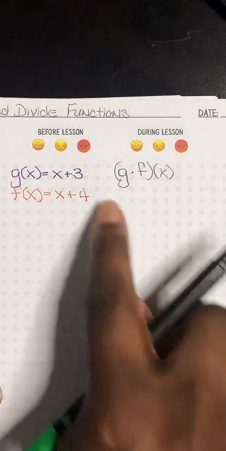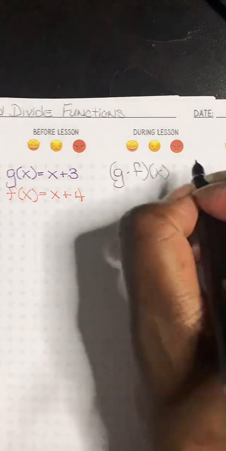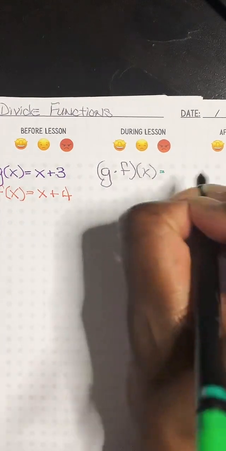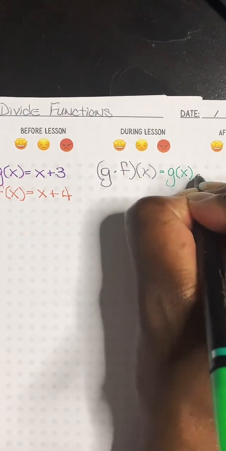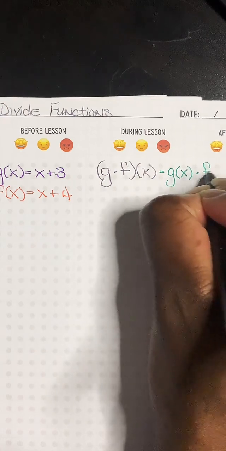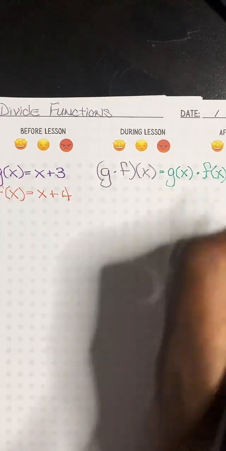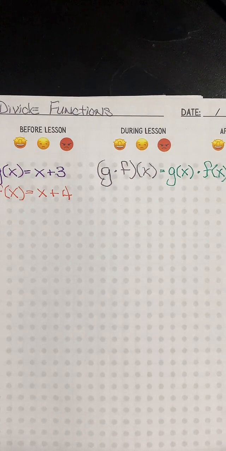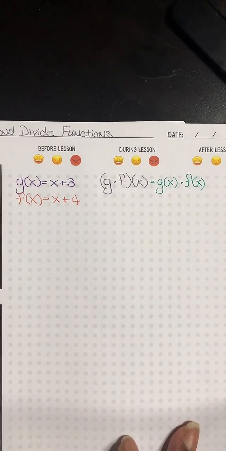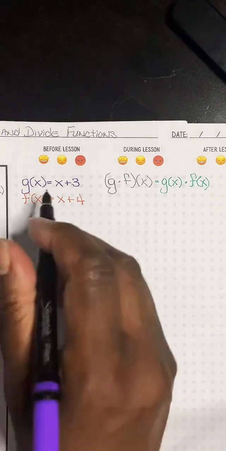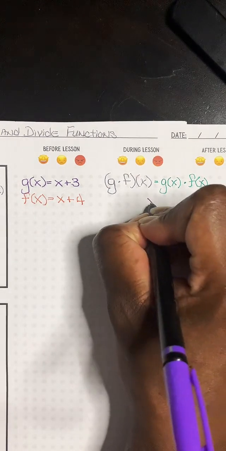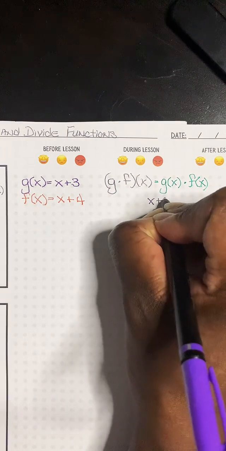So, this is basically saying, let me slide over just a hair. This is basically saying we want to take our g function and we want to multiply it by our f function. That's all we're saying. So, if I write it out, our g function, which right now is in purple, is my x plus 3.